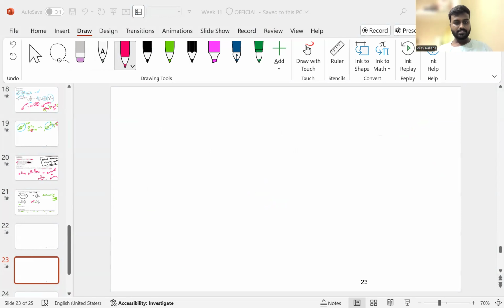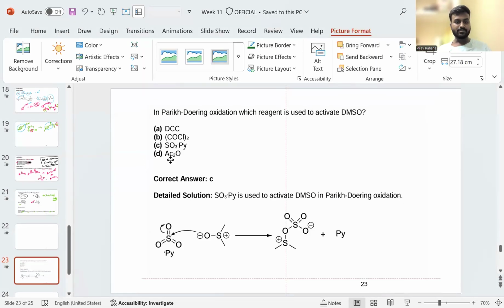I think this first question I have already covered. There are some simple questions that I will just put here without any discussion. It will help you to solve some of the assignment questions.